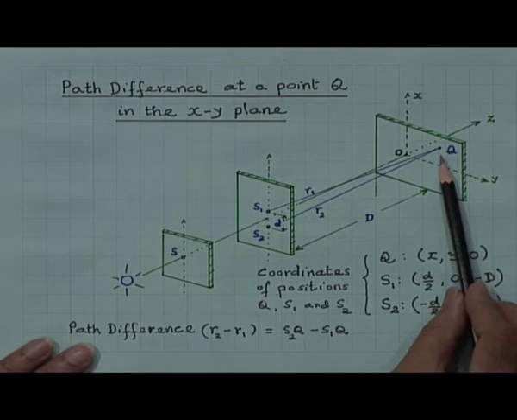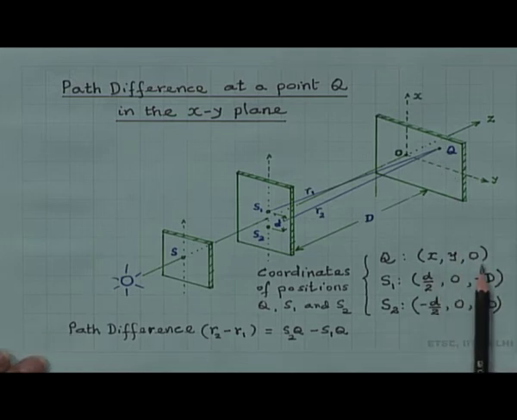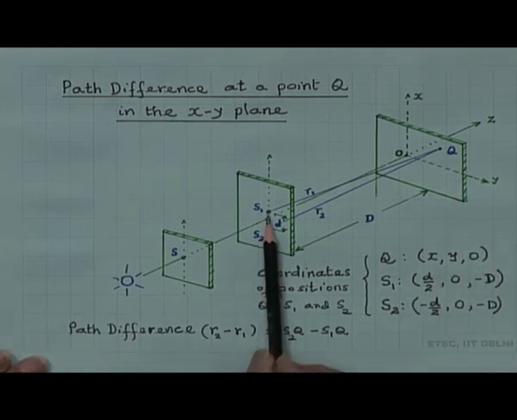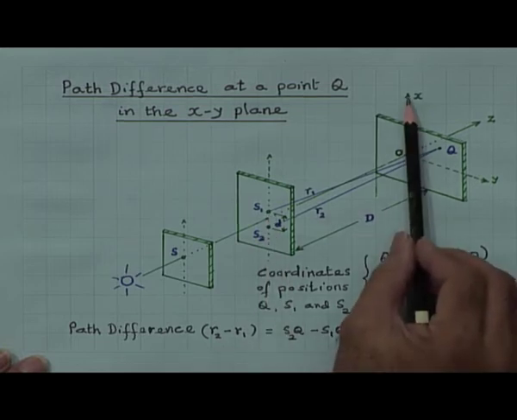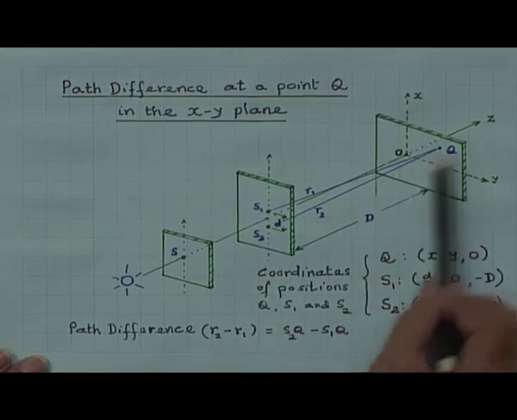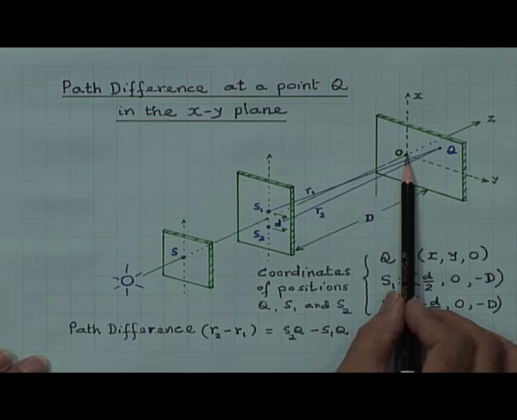The point q will have coordinates x, y and 0. O is x equal to 0, y equal to 0 and z equal to 0.